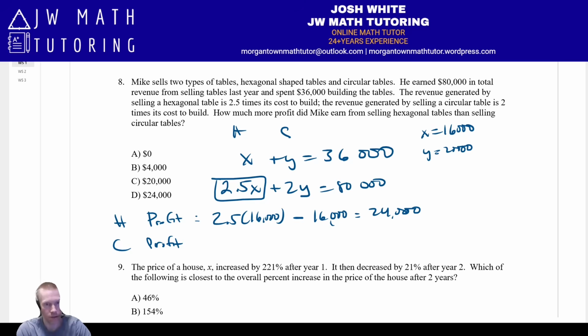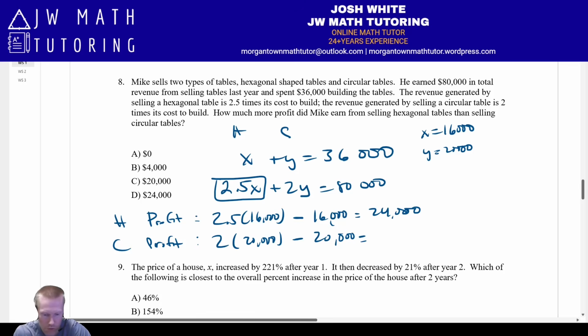All right, next, same thing for circular tables. 2 times 20,000 minus the cost, which is 20,000. And by the way, I misspoke there. 20,000 is not the number sold. 20,000 is the cost, total cost of the tables.